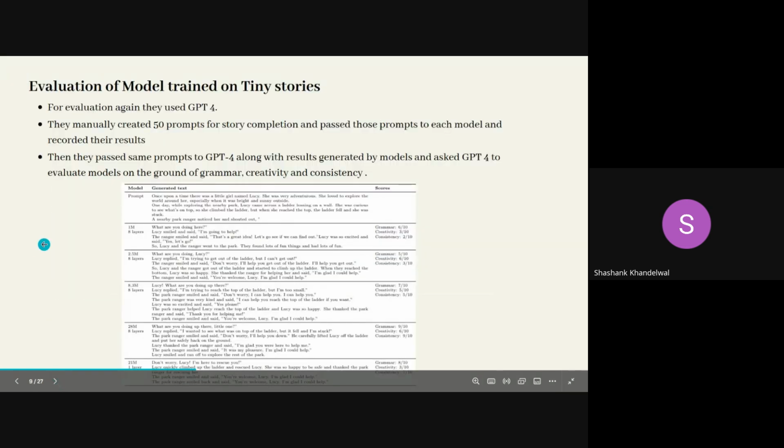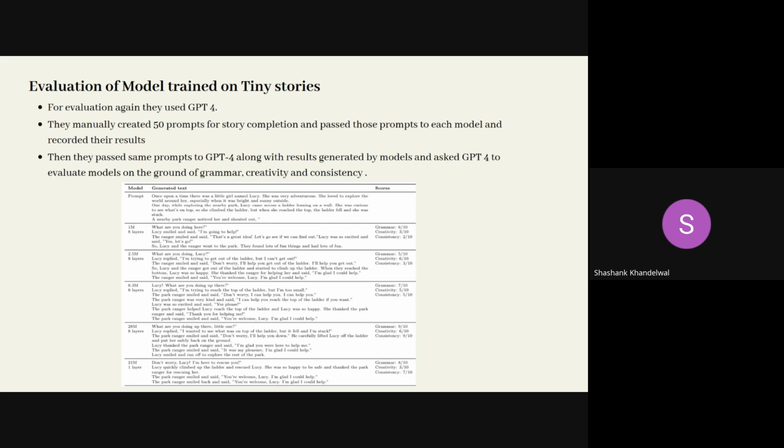So, evaluation of models trained on TinyStories. What they did is they used GPT-4 to create about 50 prompts for story completion, and they fed these 50 prompts to each of the models as well as to GPT-4.